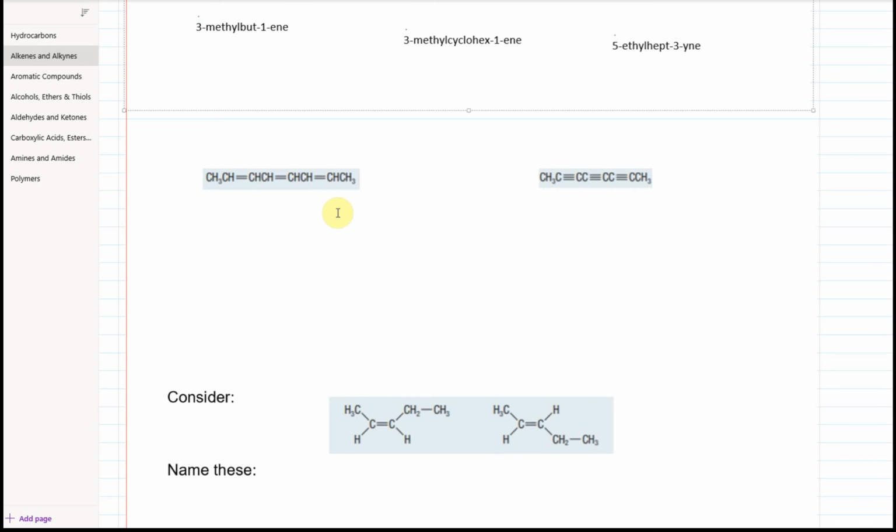There are 3 double bonds, and so we will use the -ene ending because it's an alkene, and we're going to embed the prefix tri because there are 3 double bonds.